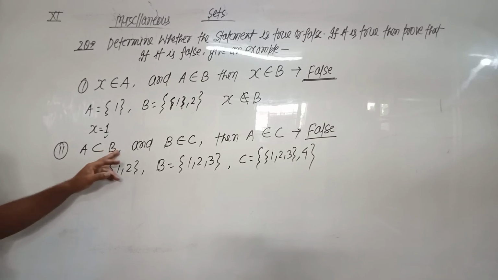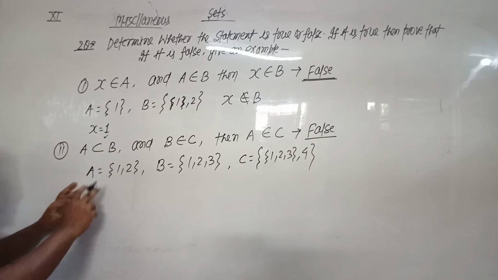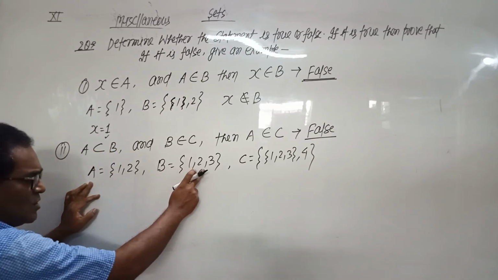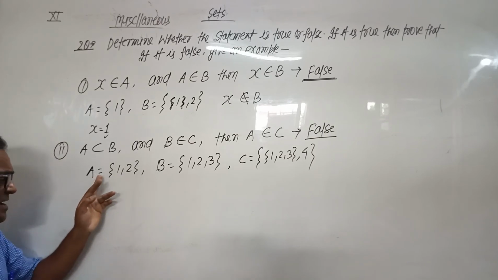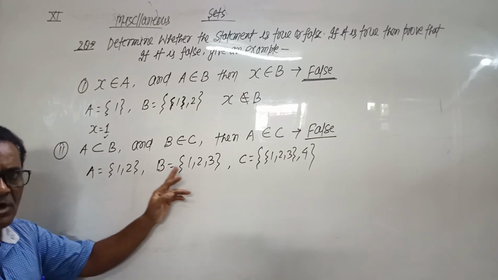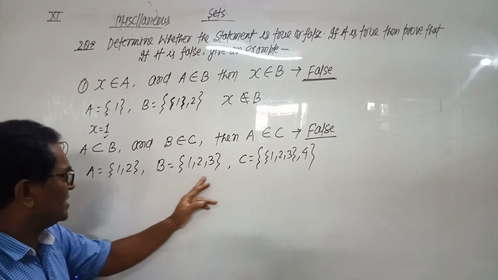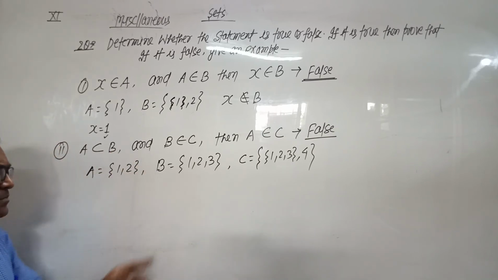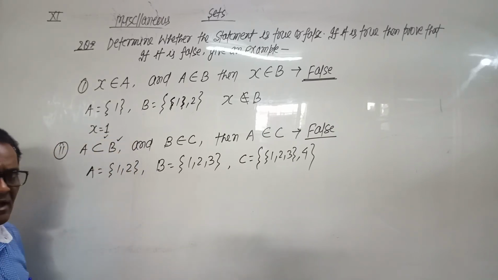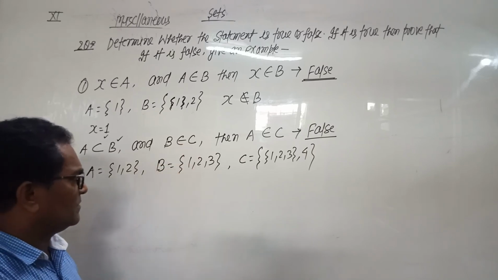So A is a subset of B. It is true, because every element of set A is also an element of set B.